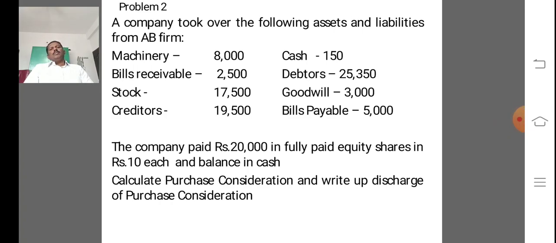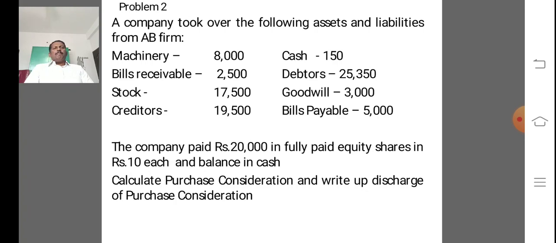We take problem number 2. A company took over the following assets and liabilities from AB firm. Machinery 8,000, bills receivable 2,500, stock 17,500, creditors 19,500, cash 150, debtors 25,350, goodwill 3,000, bills payable 5,000.